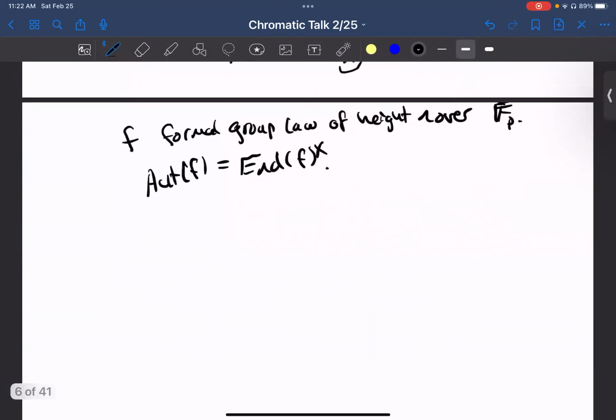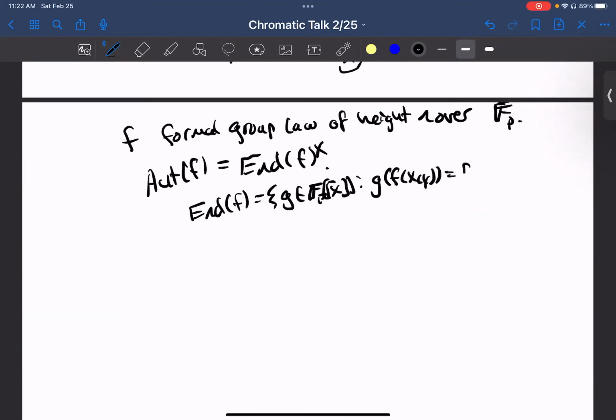Recall that End of F is the set of power series g in FP bar of X, such that g of F(x,y) is equal to F(g(x), g(y)).